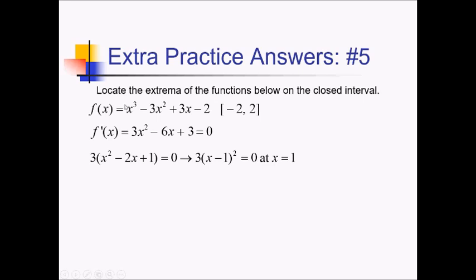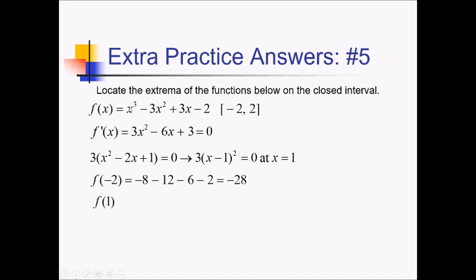So trying the original function on all these, f of -2 now, that's going to be -2 cubed, which is -8. This is going to be -3 times 4, so -12. This is -6, -2. So this is -20, -26, -28. Now let's test out x equals 1.